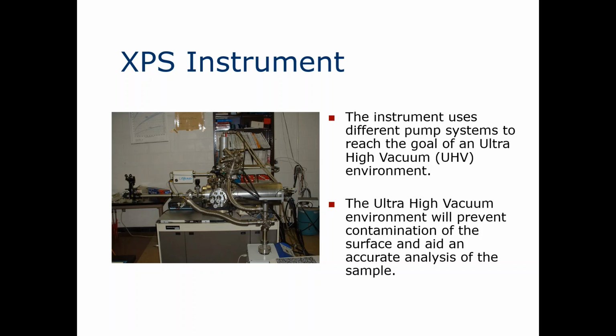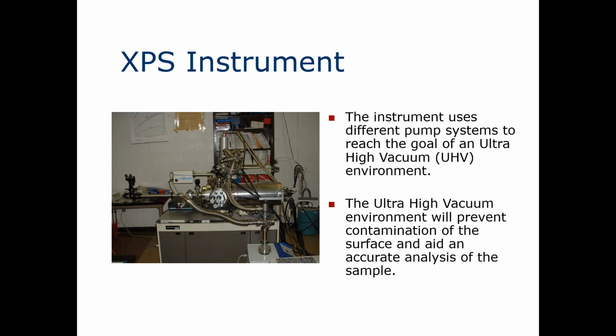XPS is a surface sensitive technique, and we are interested in getting exact information about the atoms contained in the surface. For that, we need an extra clean environment, which is only possible with an ultra high vacuum environment.